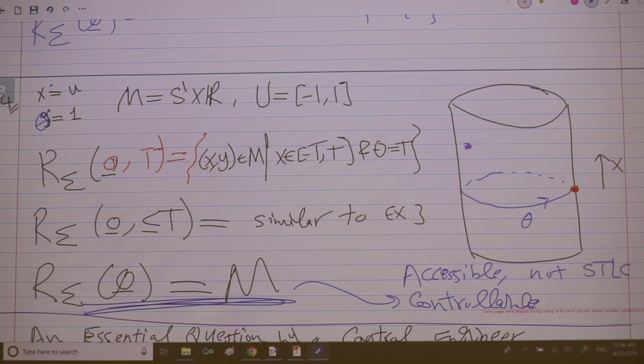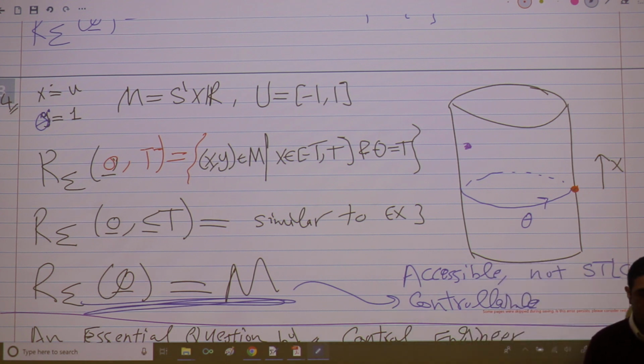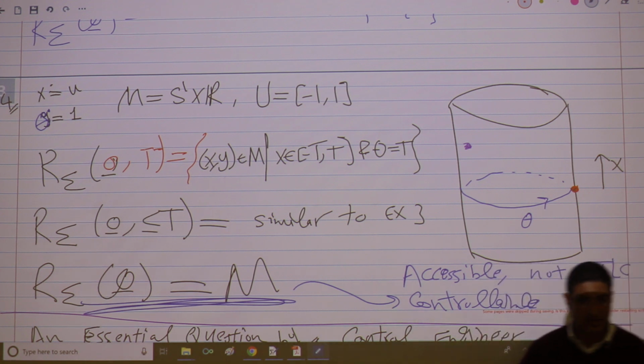You can move sideways by doing this Lie bracket in a small time, whatever it is. I mean, we're not saying anything about the bounds of the control now, right? It's not about generating velocity sideways, right? It's about, can you go sideways? The reachable set in very small time. Well, yeah, I can do it. I will do this Lie bracket very fast and come sideways.